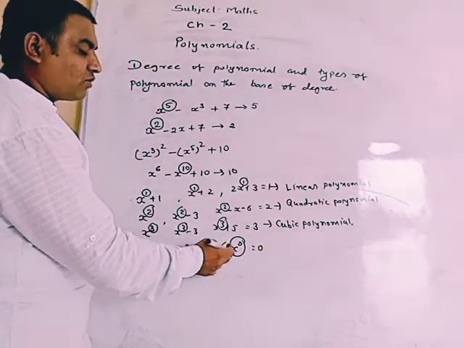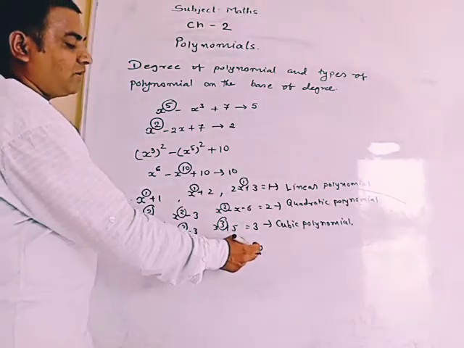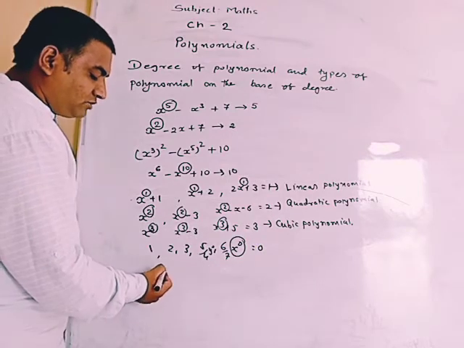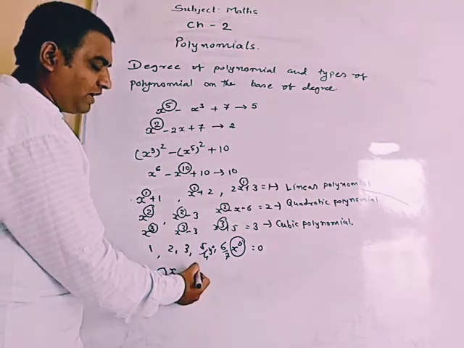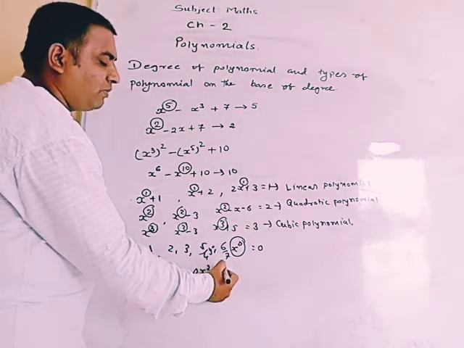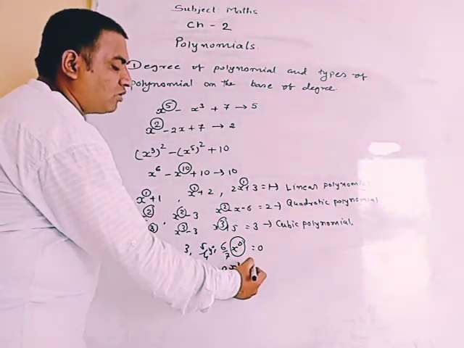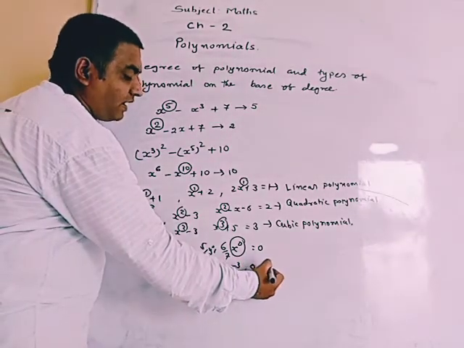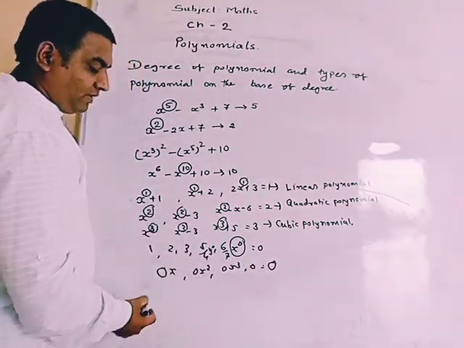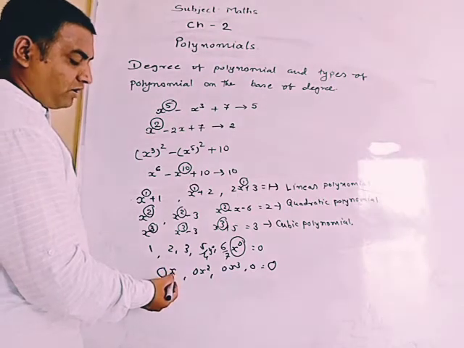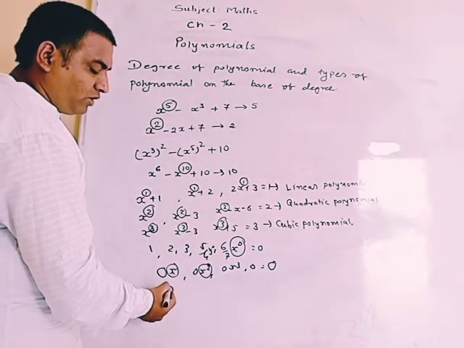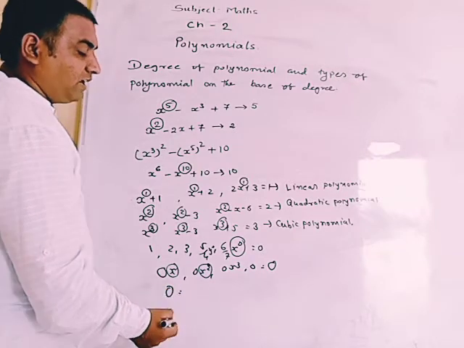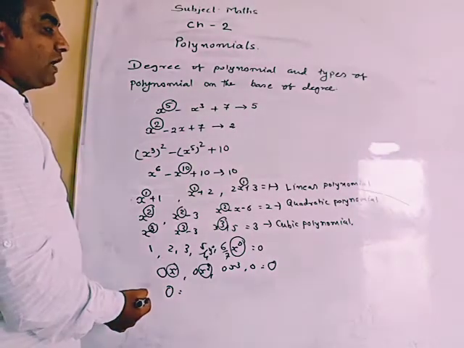These are all constant terms, so the degree of a constant term is 0. Now 0 can be multiplied with x also, with x square also, with x cube also, or 0 alone. Everywhere its answer will be 0, so we are not sure with which variable it is multiplied, and so the zero polynomial has no degree; its degree is not defined.